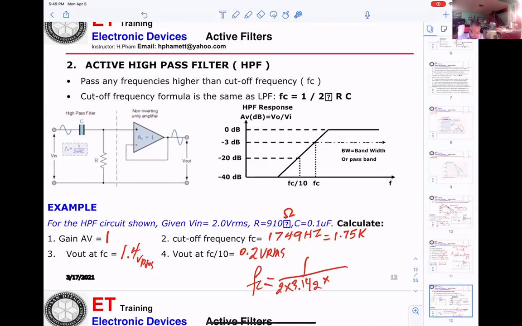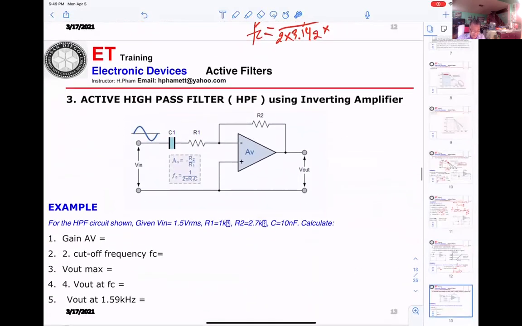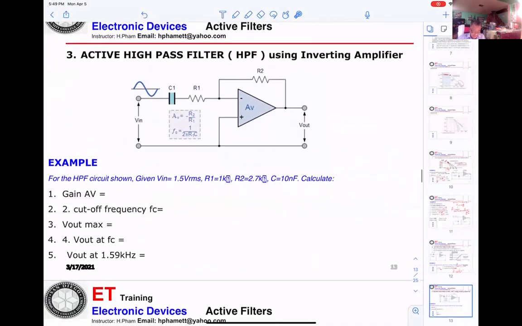And Vout at the cutoff frequency is the maximum output times 0.7. Exactly the same thing as for the low pass. That one you are supposed to do.